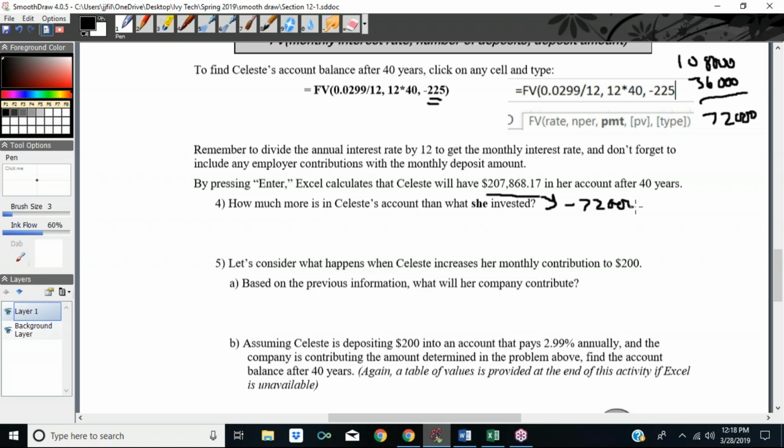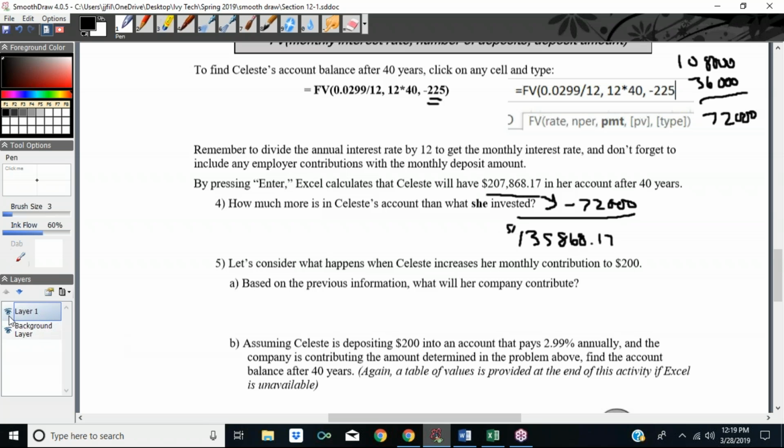So we're going to subtract 72,000 from that total amount, and that'll tell us how much more is in the account than what she invested. And thank you, Megan. It looks like 135,868 and 17 cents.